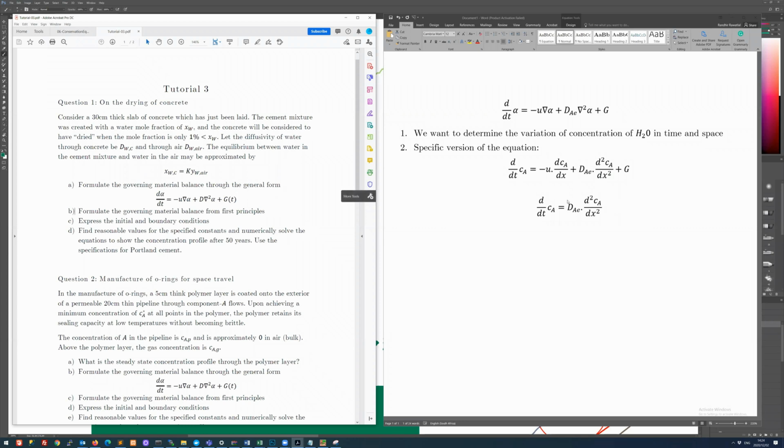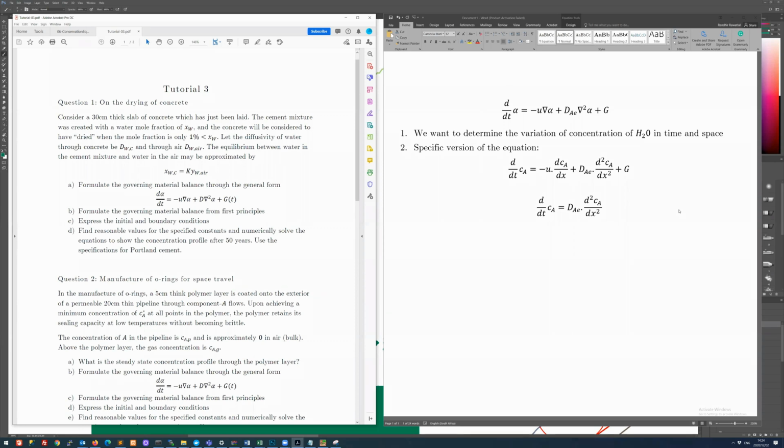So we've done that. Here's our specific form when given the general governing balance. So we have done this first part. We've formulated the governing material balance. And now formulate the governing material balance from first principles. So when you see that statement, that means do it without using the generalized balance first.